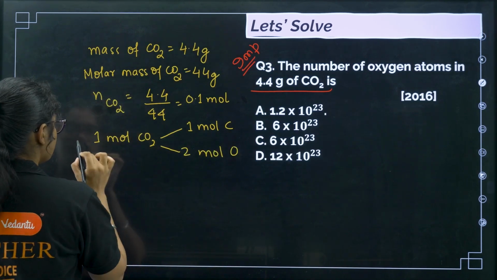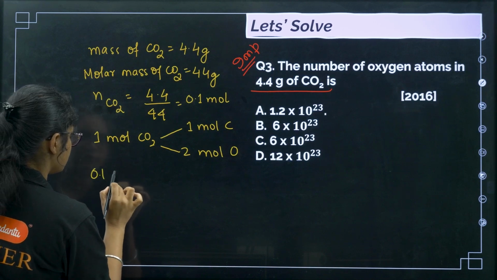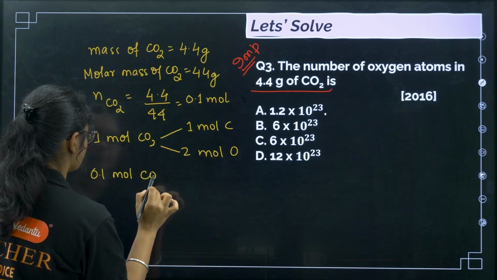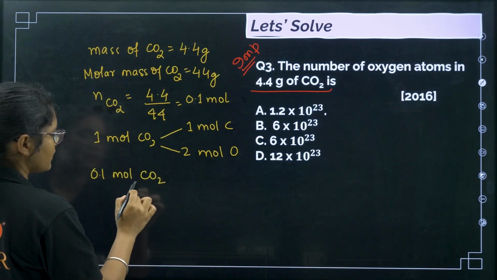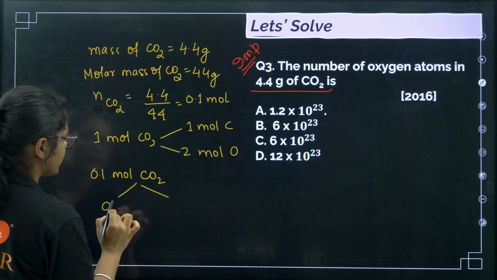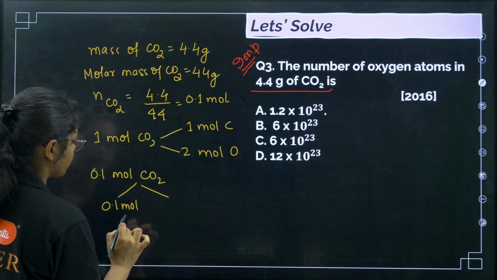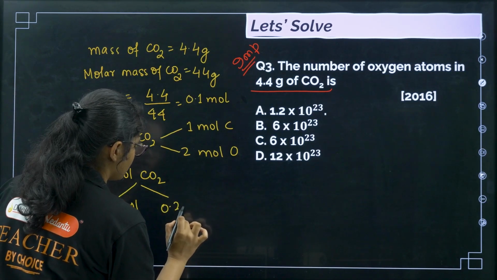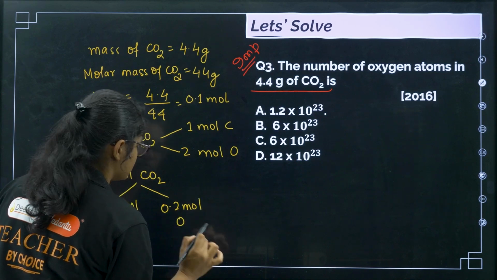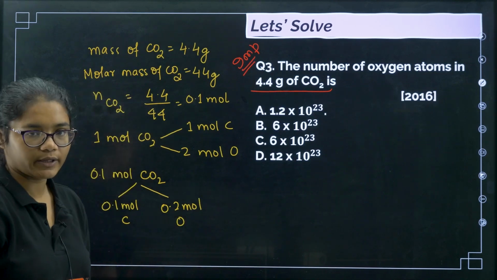Now if it is 0.1 mole of CO2, then I'll get 0.1 mole of carbon and 0.2 mole of oxygen.